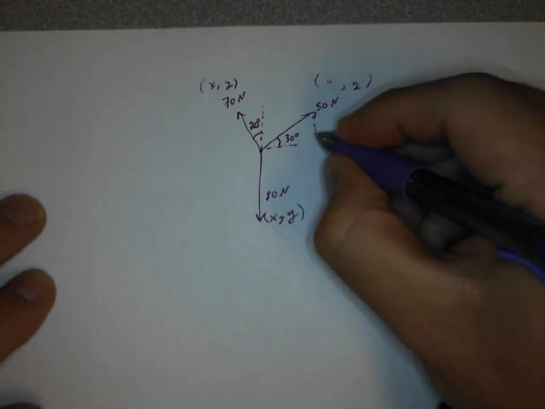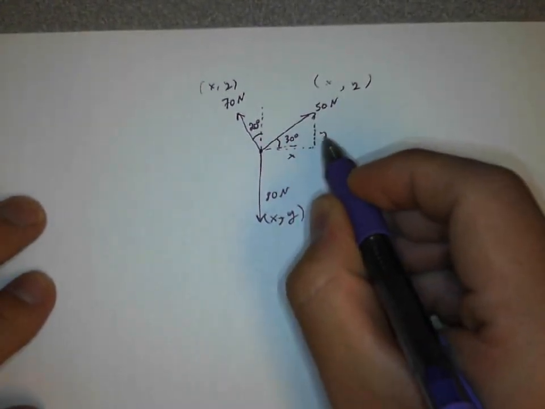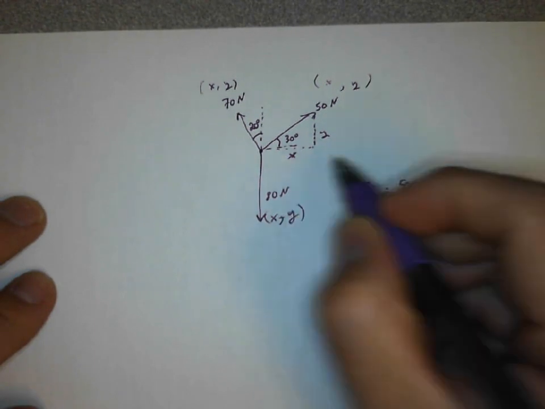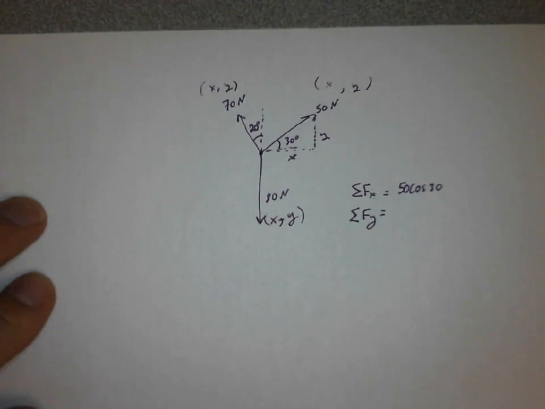Remember, if you want to draw that into a triangle, there's an x and y side. That x side length there is 50 cosine 30. If you're not sure where I'm getting that number, then I suggest you stop this video and go to my vector components video. That will explain that to you.